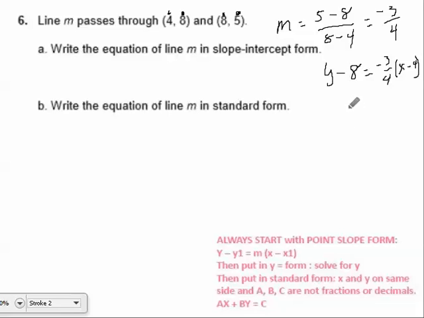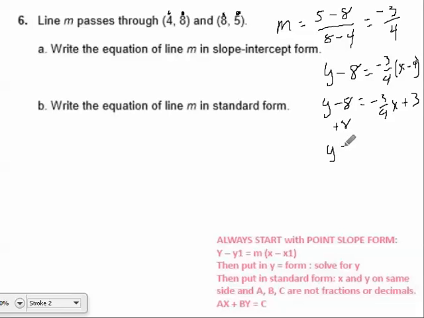And then I'm going to do the distributive property over here, and I'll get y minus 8 equals negative 3 over 4x plus 3. Okay? And they wanted it in slope-intercept form, so I need to add 8 to both sides of the equation.